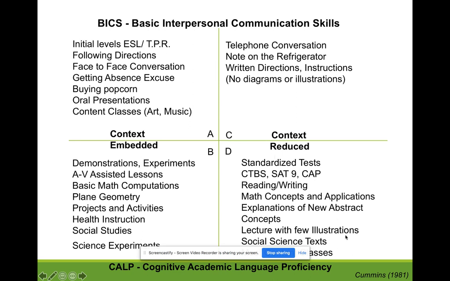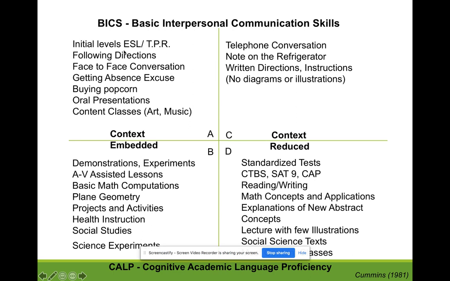These are the things that students struggle the most with: a lecture without illustration, a textbook without illustrations, explaining something new or abstract without any kind of visual or demonstration. So anytime we're building context, we're going to do better both for their interpersonal and for their academic skills.